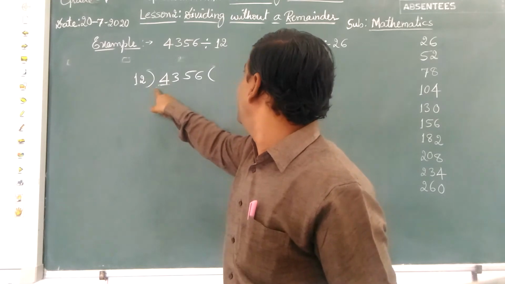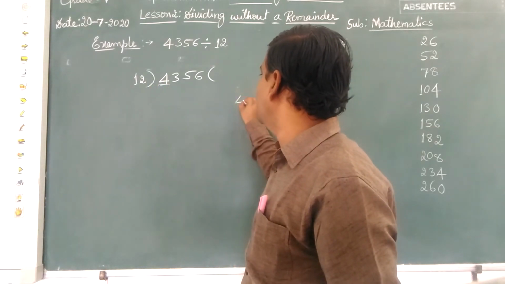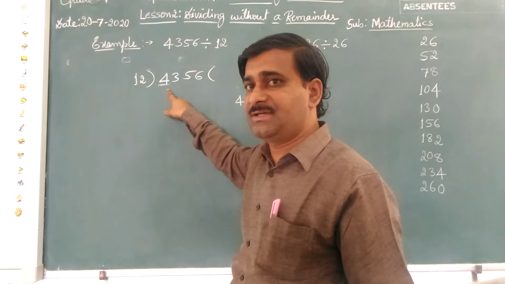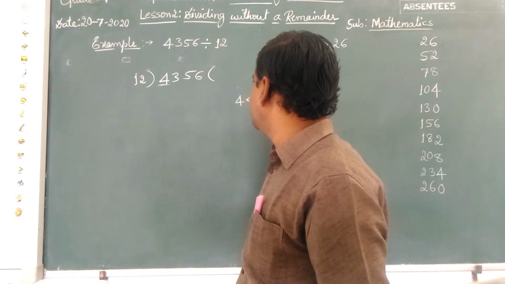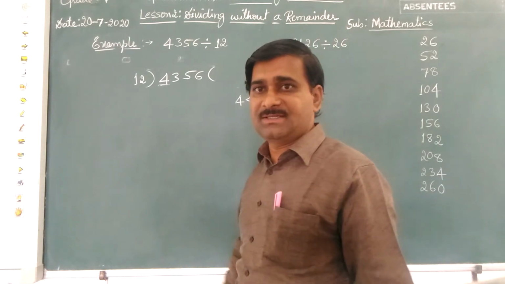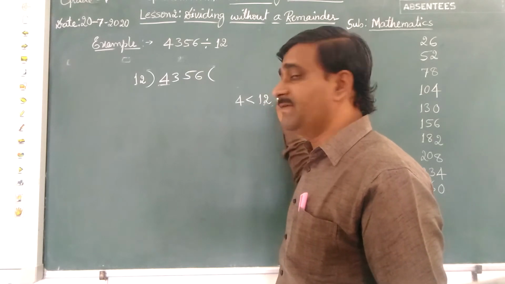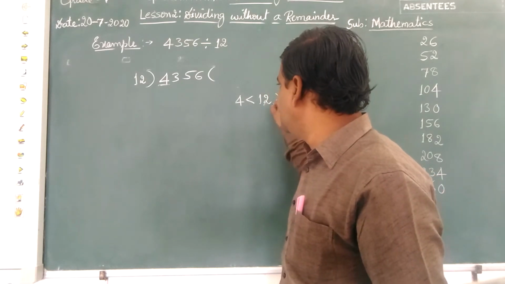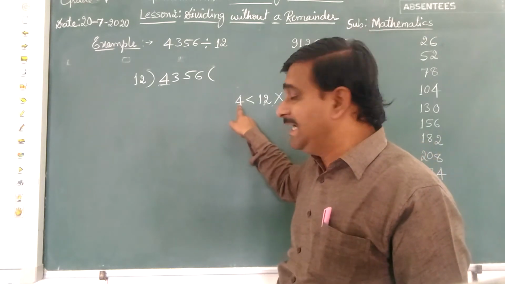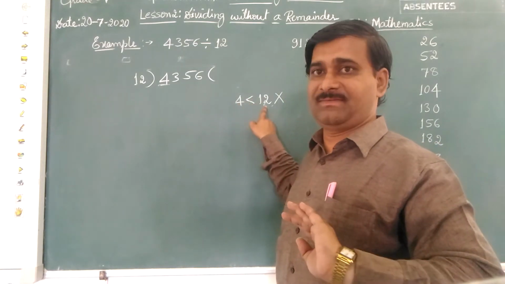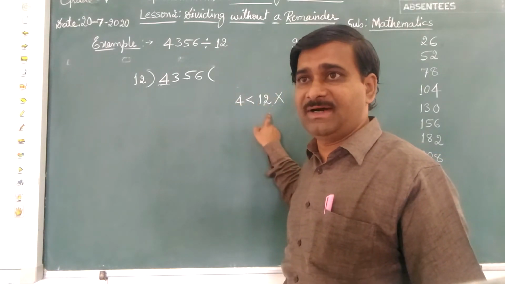What is happening here is 4, the leftmost digit of the dividend, is less than the divisor. If 4 is less than the divisor, we cannot divide. It is not possible to divide. Always the dividend should be more than the divisor.